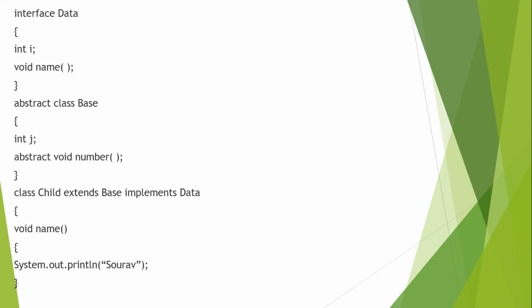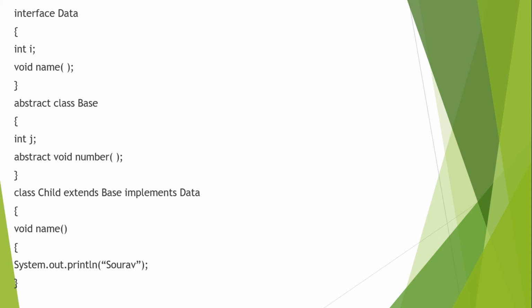It's a short sample program, so I have given a basic method there. Just below that, we have declared an abstract class, declared with the abstract keyword: abstract class Base. So the class name is Base. It means an abstract class will have abstract methods as well. We have already learned that an abstract class can have abstract methods as well as non-abstract methods.